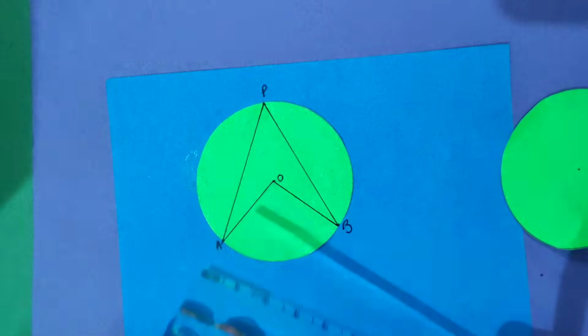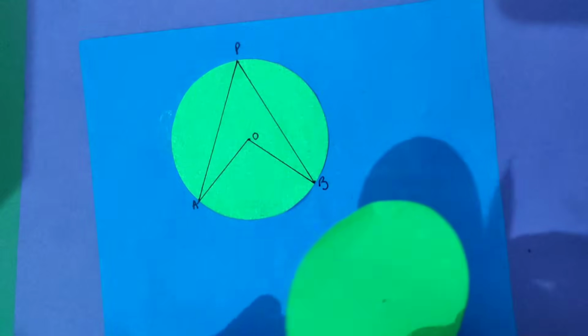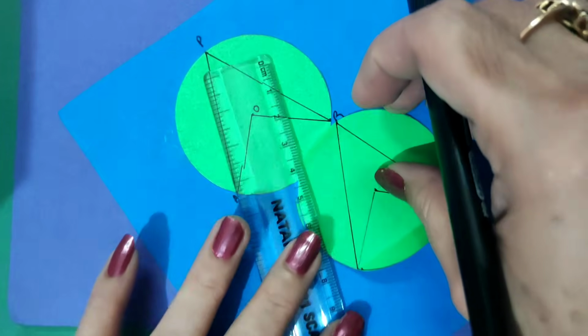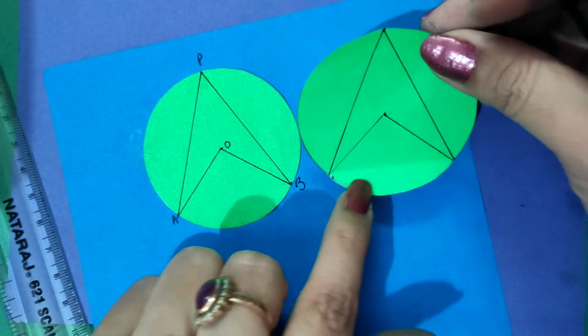Okay, I do exactly the same thing with the second circle also. Right, so these are the two identical circles that I had.